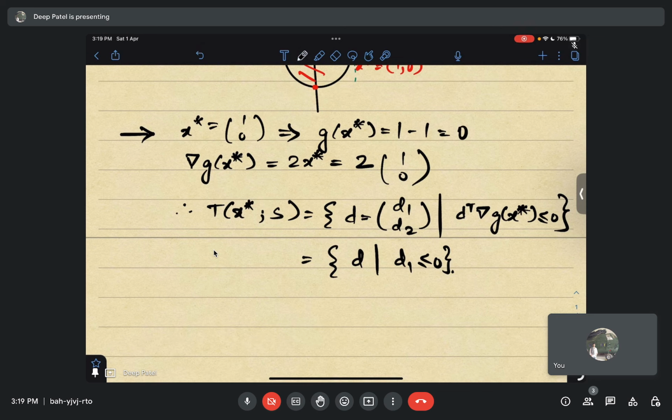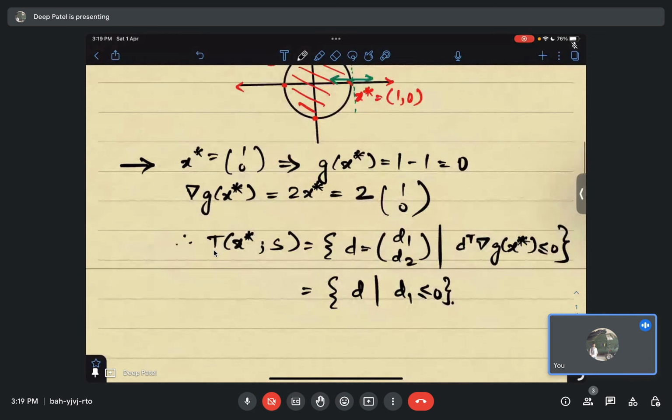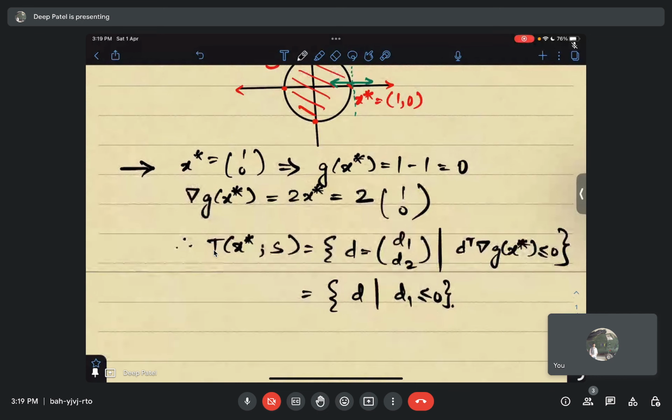So what can we say then? This should lie on the left half plane, right? Left of the y-axis.